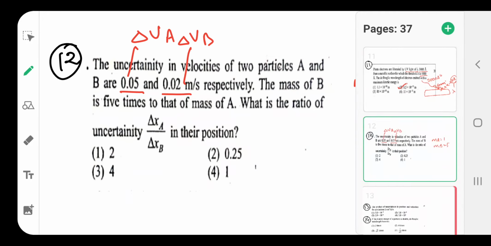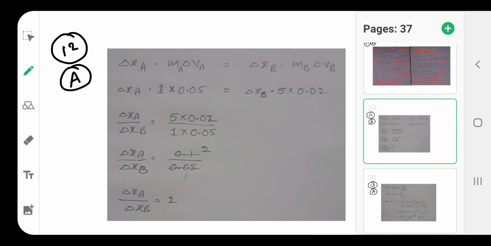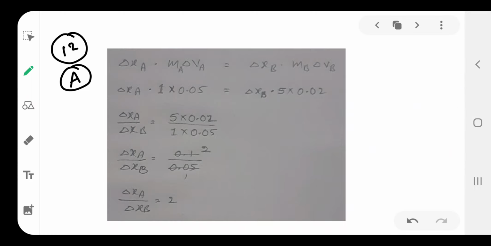This is a very simple question. For question number 12, delta XA into MA delta VA is equal to delta XB into MB delta VB. Delta XA into mass of A, which is 1, into delta VA, which they gave as 0.05.